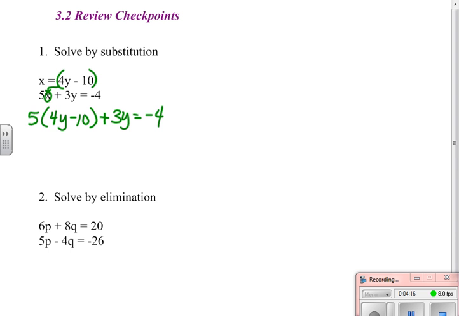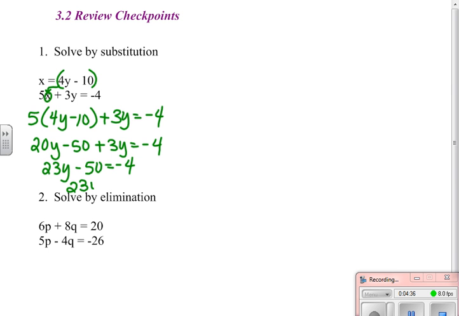If one of the equations is not solved for a variable, you need to go ahead and use your algebra and do that. And so distributive property, 20y minus 50 plus 3y equals negative 4. Combine like terms, 23y minus 50 equals negative 4. Add 50, 23y is equal to positive 46. Y is 2.